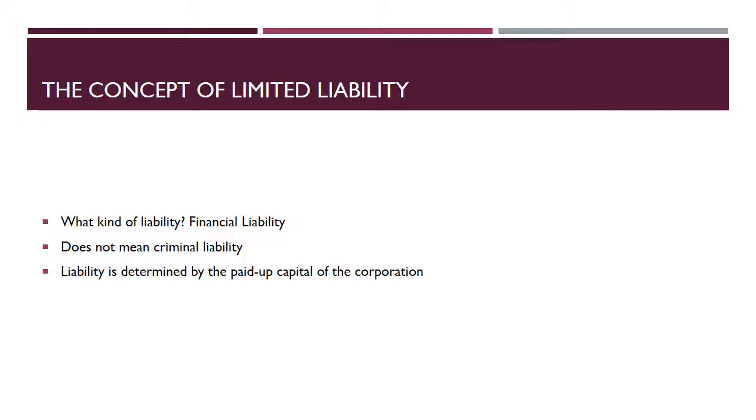So the liability is limited to $100, regardless of the fact that there is a judgment of $1 million. Now, that's the wonderful thing about corporations. It protects you against unlimited exposure to lawsuits and unfavorable judgments.